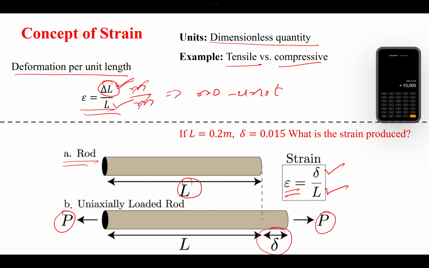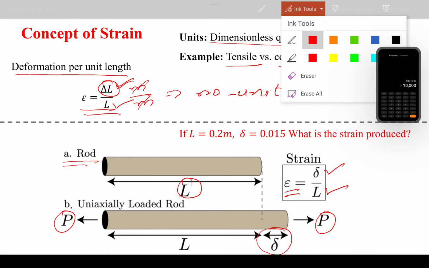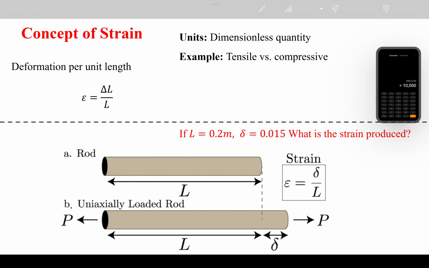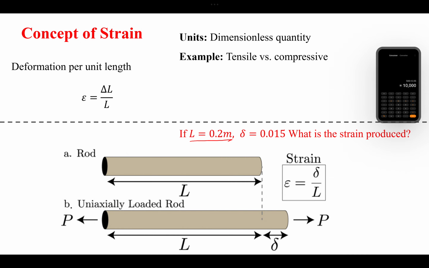So let's see, we have this example here that says you have, let's say, a length of 0.2 meter, and the change in length is 0.015 meter. What would be the strain produced in the body?